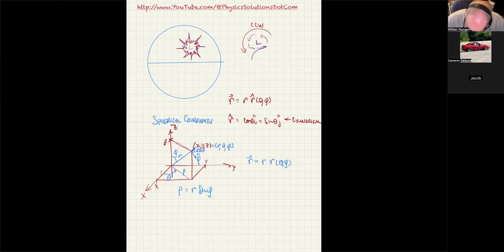Specifically, you can see that r hat is going to be cosine theta sine phi i hat plus sine theta sine phi j hat plus cosine phi k hat. That's really what r hat is in spherical coordinates.